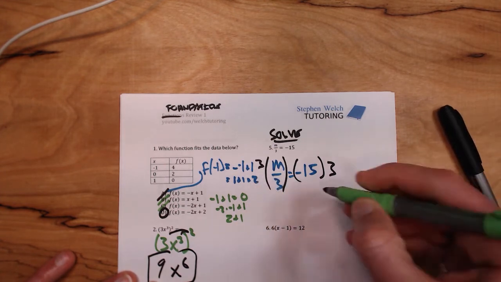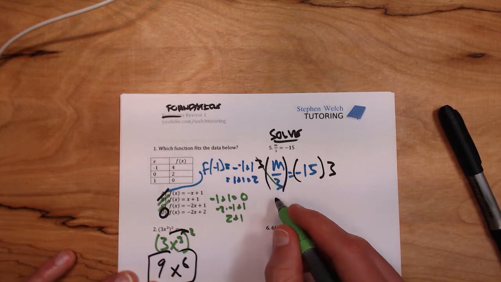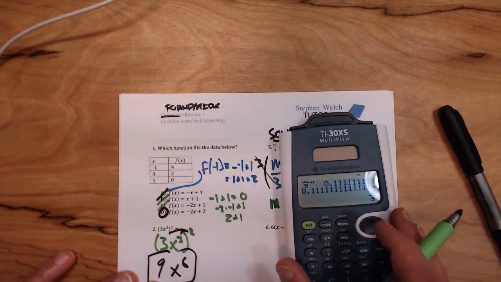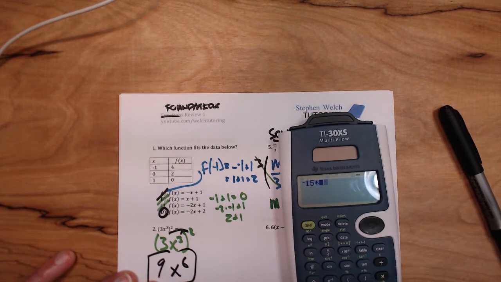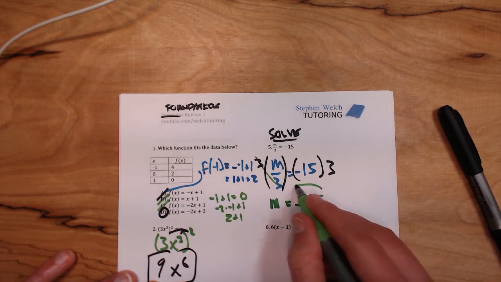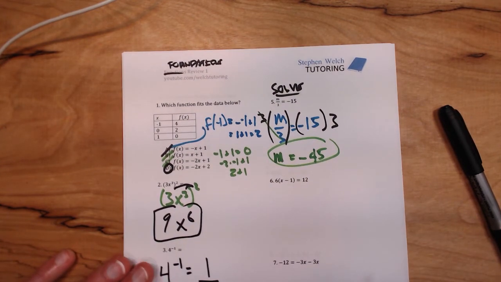Now these cancel. I'm left with just m on the left hand side, and over here you can use your calculator if you like. Negative 15 times 3 is negative 45.